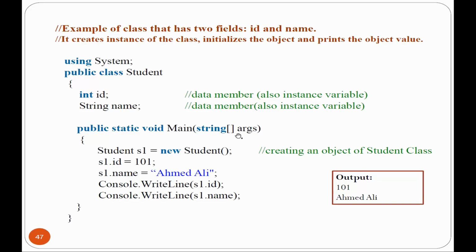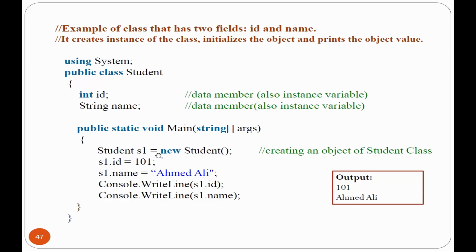This is a string type array, and in this string type array, whatever variables you are using, these values are first stored as array positions. Like this, ID is stored at 0 position and name is stored at 1 position, just like that. So this is the simple program with the help of class and object.